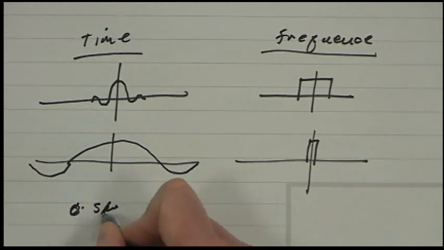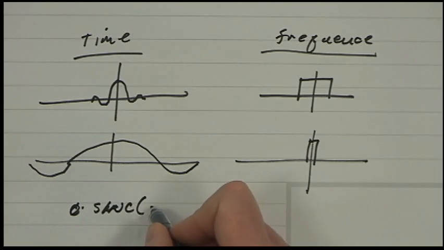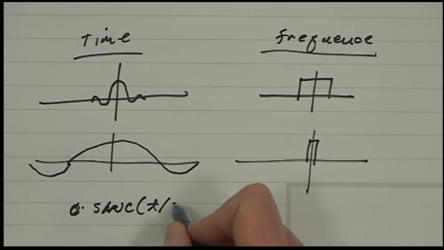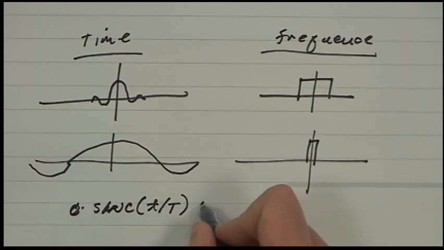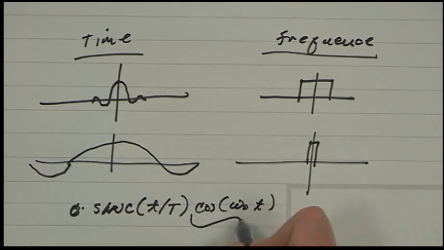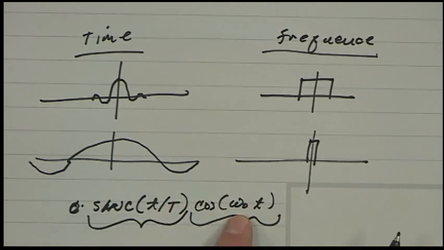If you take sinc of t over T, and then you take it times cosine of omega 0 t. So this is the modulation, and that's the sinc. So if you modulate it up to a frequency of 63 megahertz, then when you take the Fourier transform, the Fourier transform of this will look like this.